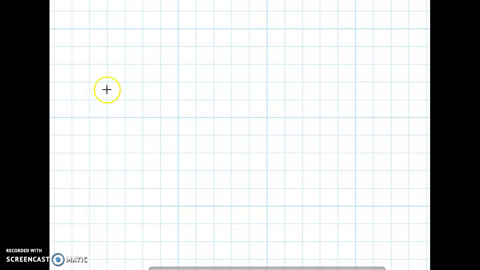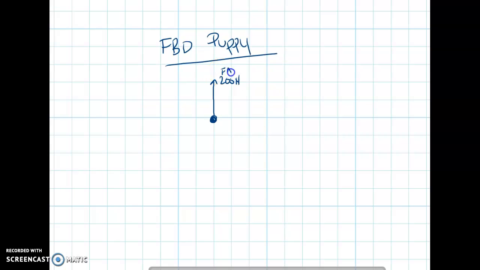So this is going to be our FBD for the puppy. All right, so Becky is picking up her puppy and she's applying a force of 200 newtons. So that would be like the force applied. All right, but what do we know is also acting on this puppy? The weight. All right, and to find weight, we take m times g.